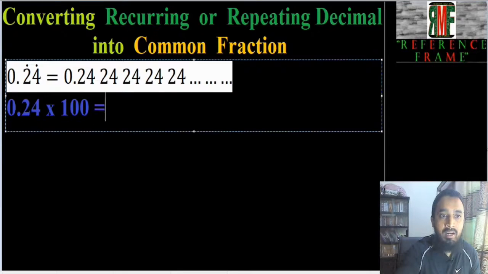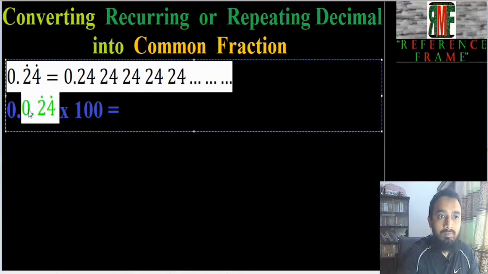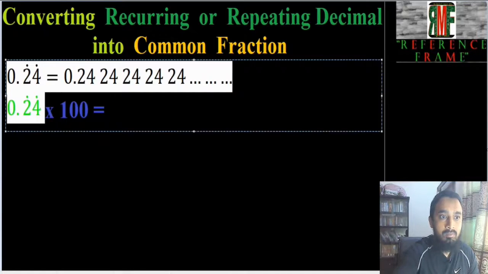So this value is equal to, basically we cannot multiply this part. Okay, if I write it down, if we multiply this one by 100, what are we going to have?